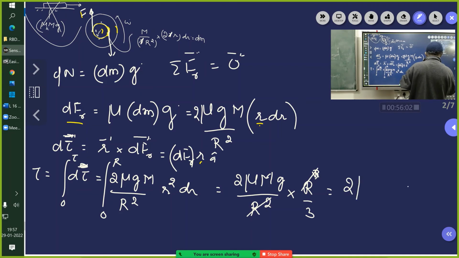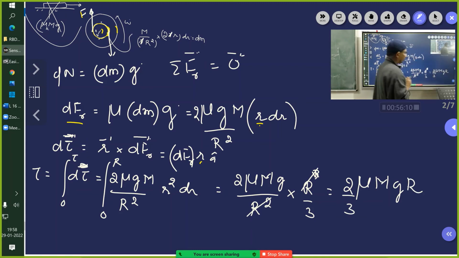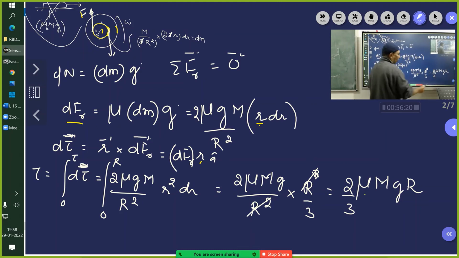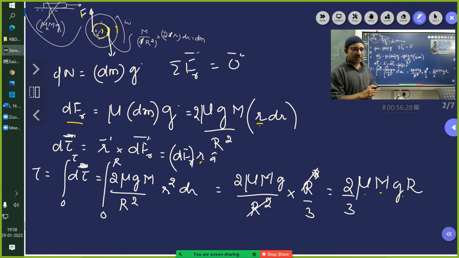Take it here, 2 by 3 mu m g r. Right, and so that sums up, because common sense will tell us that the torque will depend upon the coefficient of friction, the torque will also depend upon m into g, and the torque will also depend upon the radius, the further radius. So the torque due to friction is, so you get this.